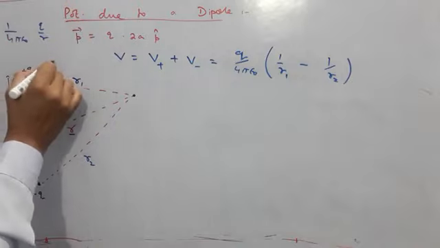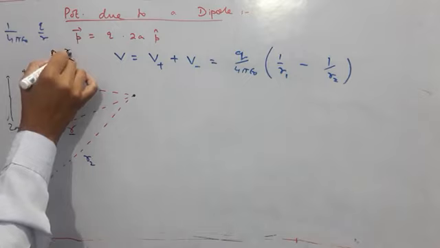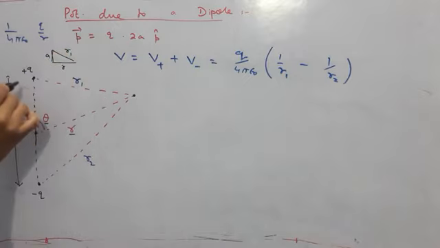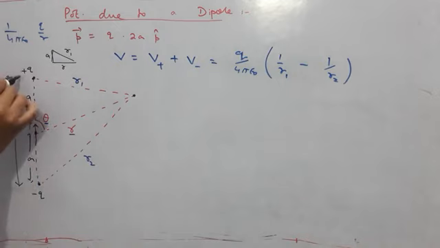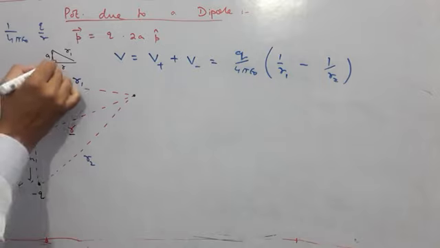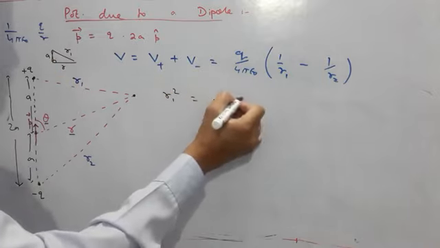See, if we have a right angle triangle, this is a and this is also a. In a right angle triangle, we would have written r1 square is equal to r square plus a square.